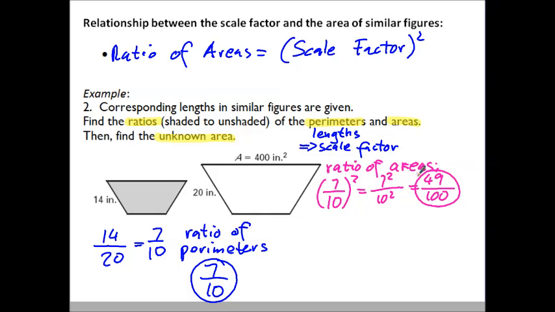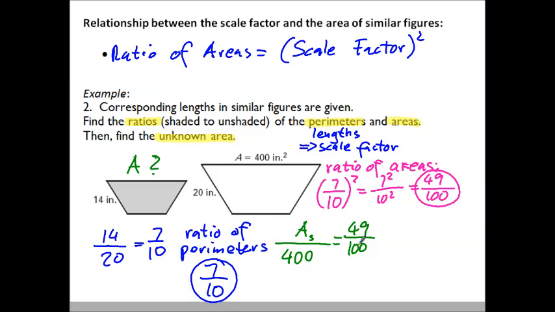And now this ratio we have to use to find the unknown area. The area of the smaller trapezoid is unknown. We need to find it. So area of the smaller trapezoid over 400 is equal to 49 over 100.